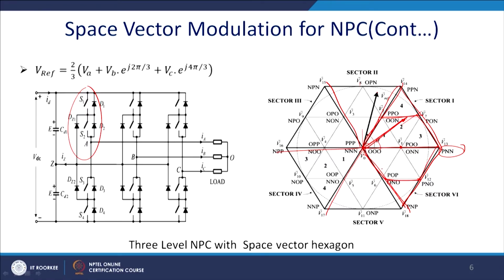You can see that in this particular hexagon, these are the switching states available to you. This is not a 3 level switching; in this hexagon it becomes a 2 level switching. Why? Because you see the states available to you. Here it is PNN, fine. So, it is positive and others closed.